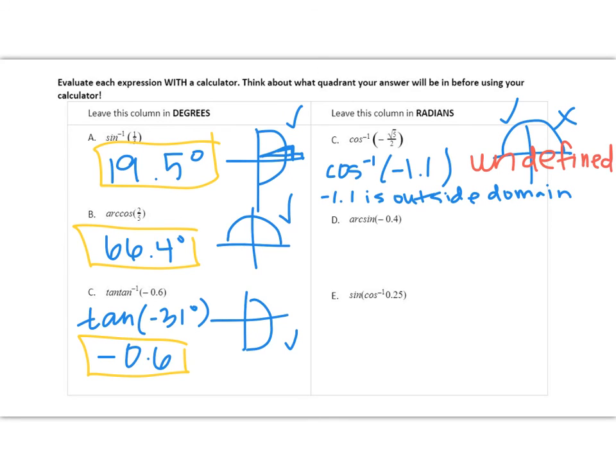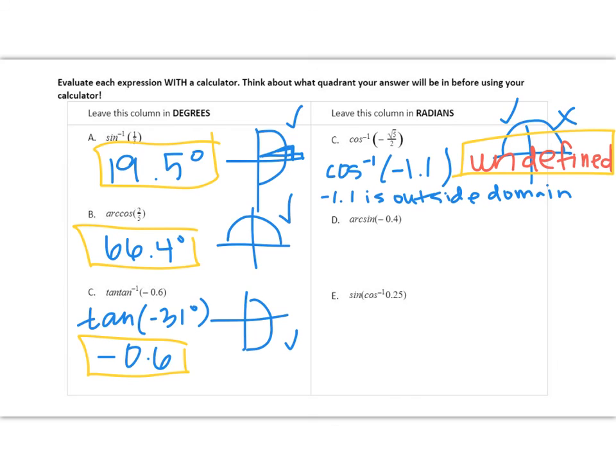So similar to can't take the log of a negative, you can't take cosine inverse of a value that's less than -1 or greater than +1. And the same thing is true for sine inverse, because its domain is -1 to 1. So, kind of a tricky one there, but we'll see more of those pop up.